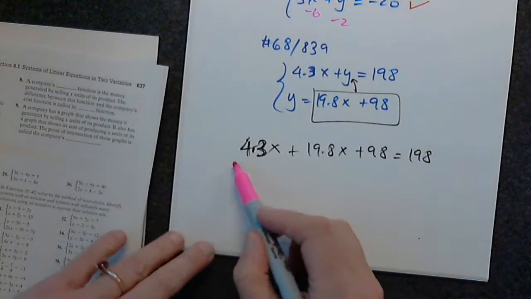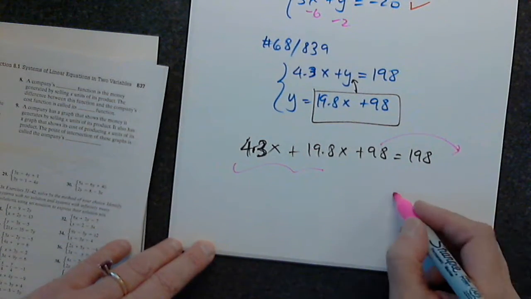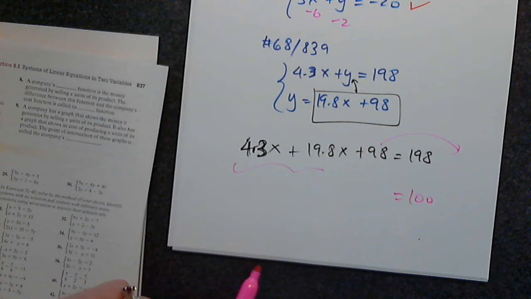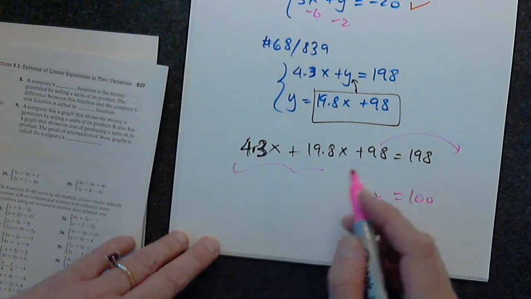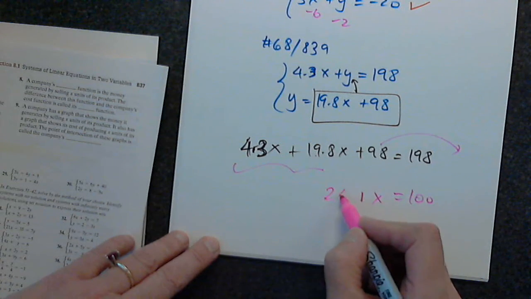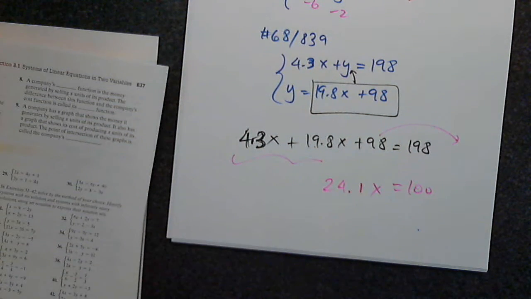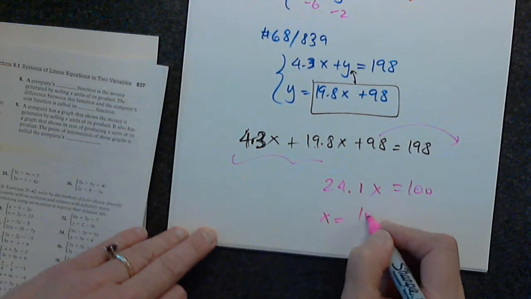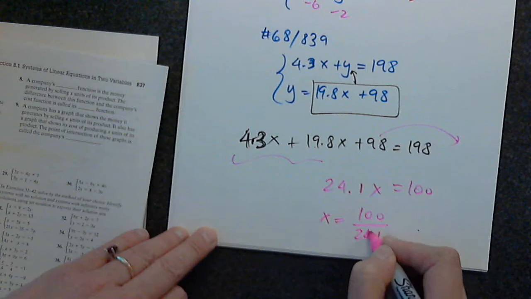Yes, but first I have to combine like terms, but yes, at the same time I can subtract 198 minus 98 and I get 100. But also on the left-hand side I have, is it 24.1? Correct me if I'm wrong. Yeah, that's right. So then x will be 100 divided by 24.1.